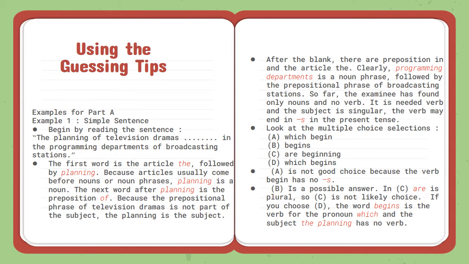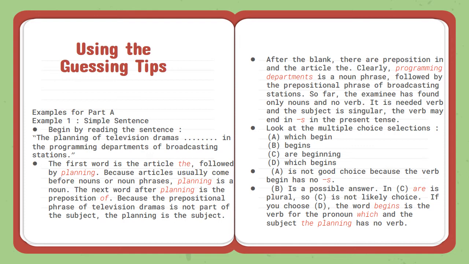Okay, this is an example for Part A. Example 1 is a simple sentence. Let's begin by reading the sentence: The planning of television dramas, blank, in the programming departments of broadcasting stations. Okay, we analyze this sentence.